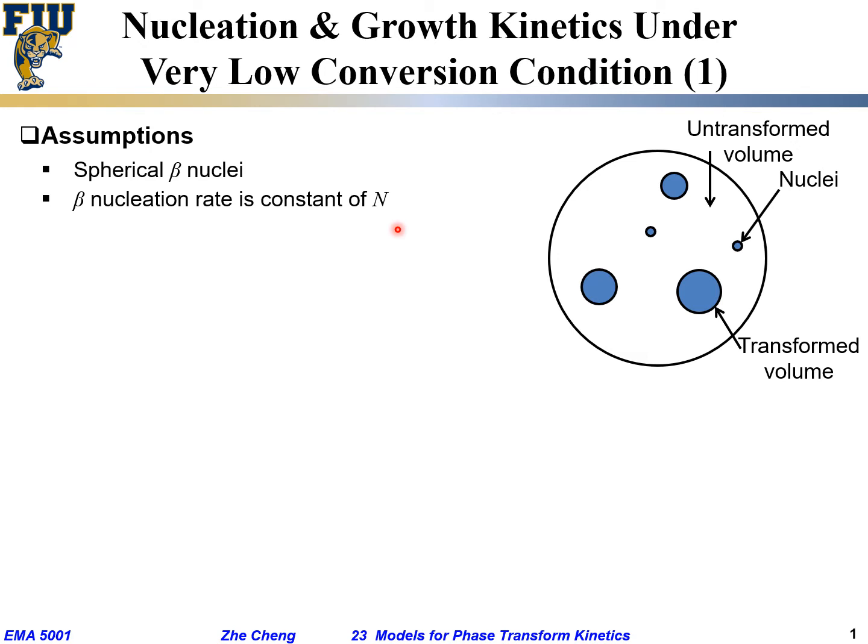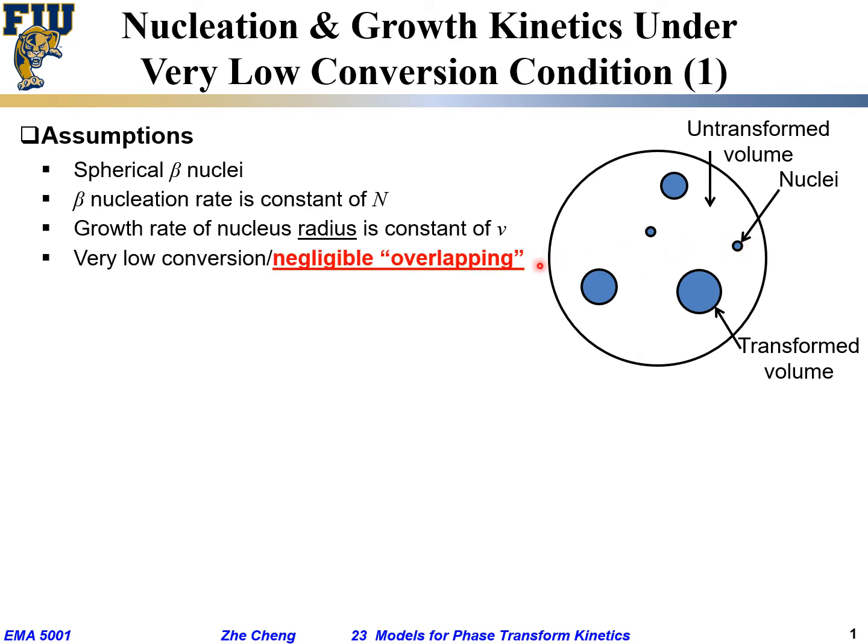It has the unit of number per unit time per unit volume. And let's also assume a linear growth rate of the nucleus radius. Essentially, dr/dt is a constant v. The radius grows linearly with respect to time after it is formed.